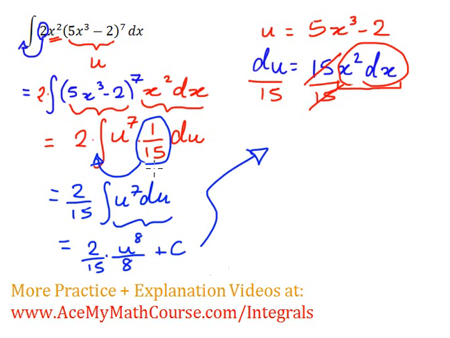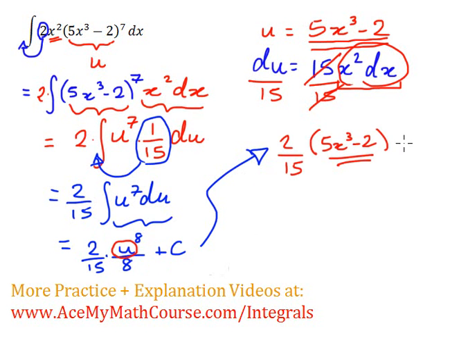Okay, now we have the u over here, but I want to see everything in terms of x, and I know that u is equal to 5x cubed minus 2. So I can just rewrite the whole thing as 2 over 15 times 5x cubed minus 2, which is, of course, u, to the power of 8 divided by that 8 right there, and add the constant.